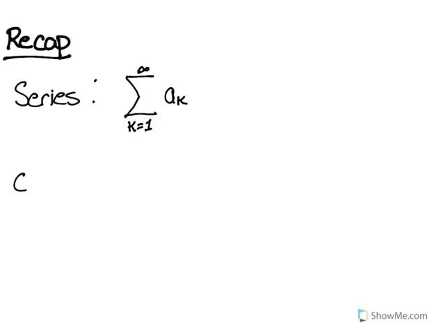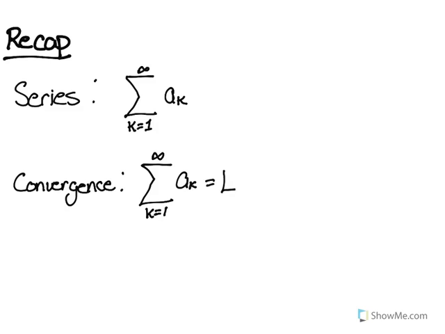And we defined convergence of a series as the limit of the partial sums. So we said that an infinite series is equal to a value L if the limit of the partial sums S_n as n goes to infinity is equal to L.